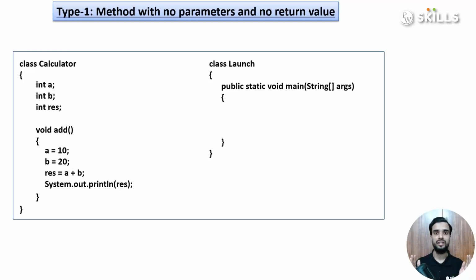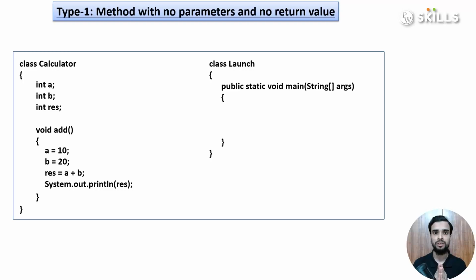And please understand, since methods in Java represent nothing but behaviors, how can you exhibit the behavior without an object? In simple words, remember this rule. It is a syntax rule, which is in Java, whenever you would like to call a method that is present inside a different class, always compulsorily, first and foremost, you need to create an object of the enclosing class, the class inside which the method is present.